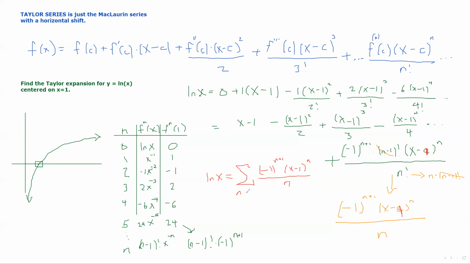As n goes from, all right, does this work for the 0th term? Let's ask ourselves. If we plug in a 0, we'll end up dividing by 0, first of all, and that's bad. Second of all, negative 1 to the 0, we would have had a 1 here or something like that, and that's not accurate. So in fact, this starts with an n value of 1, not 0. But it works all the way through the rest of the integers. So this right here was our conclusion from all of that work.